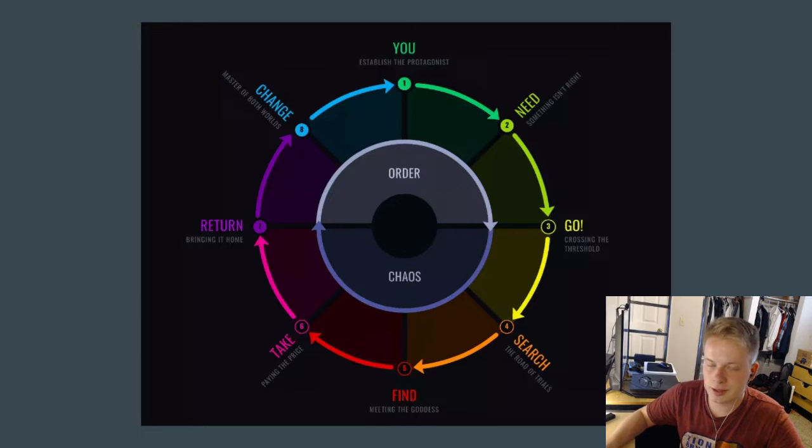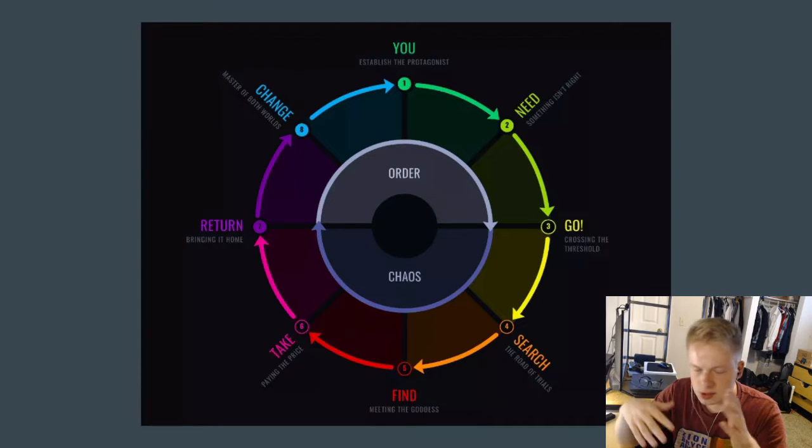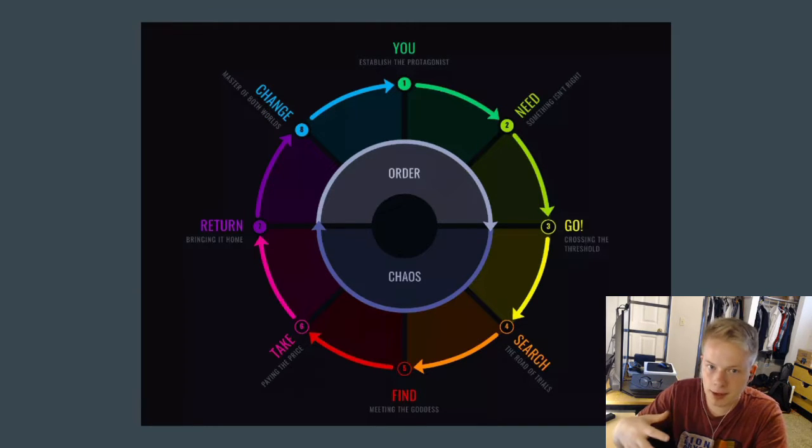Search, this step is also called adapt a lot of the time. Motivated by this need, they go out into the world. It's scary at first, it's hard, and then they start to get the hang of it. Usually this is the step where there's a lot of fighting monsters, right? If you're going to be fighting monsters, this is the step.